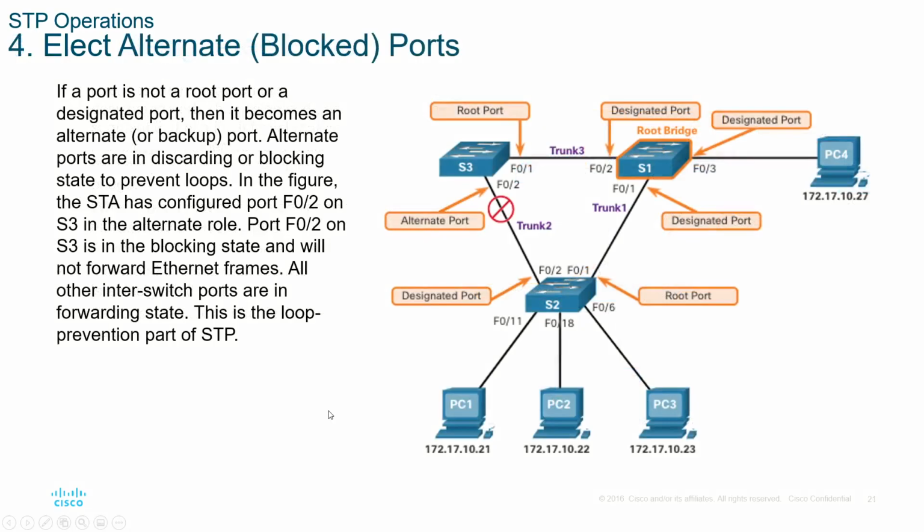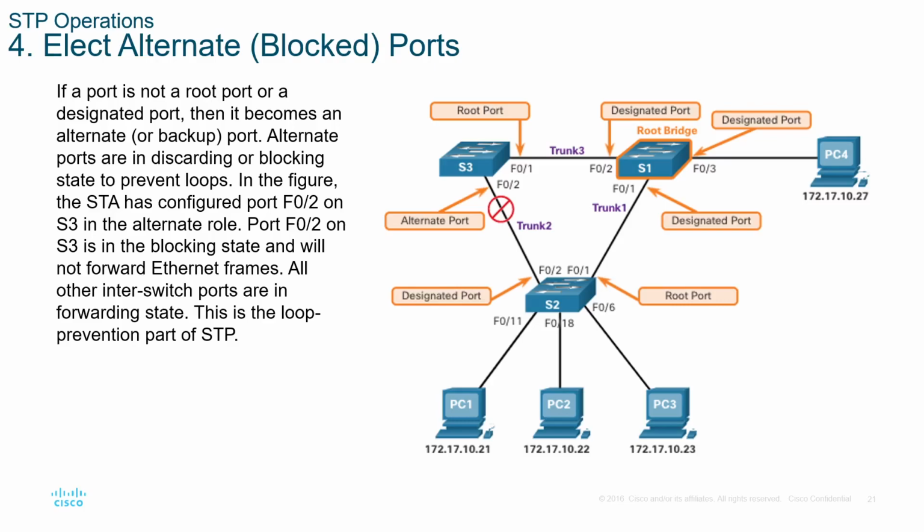Now, if a port is not a root port or a designated port, then it becomes an alternate or backup port. Alternate ports are in discarding or blocking state to prevent loops. In the scenario that we're studying, we have the root bridge, which is elected to be S1.